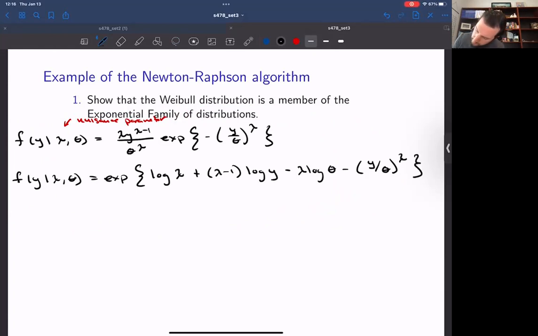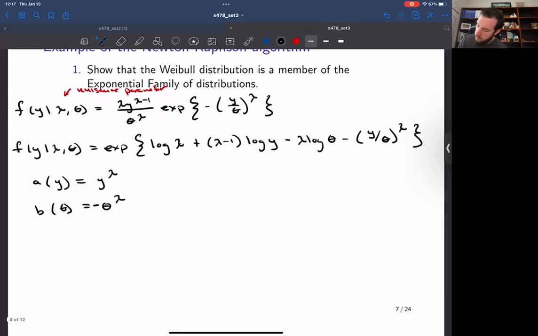In this situation, we can see that a of y is going to be y to the lambda. b of theta is going to be negative theta to the lambda. c of theta should be log lambda minus lambda log theta.